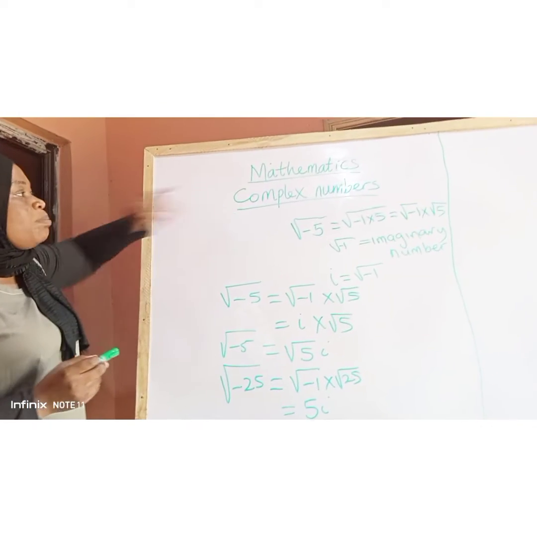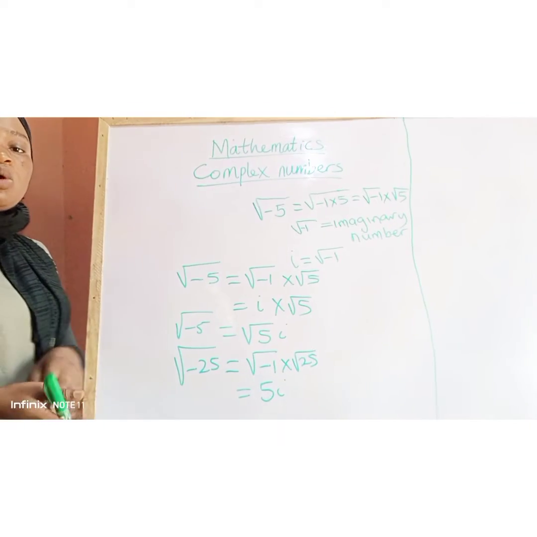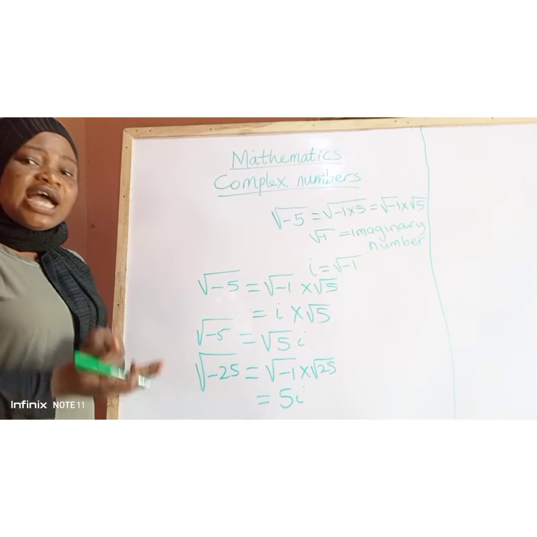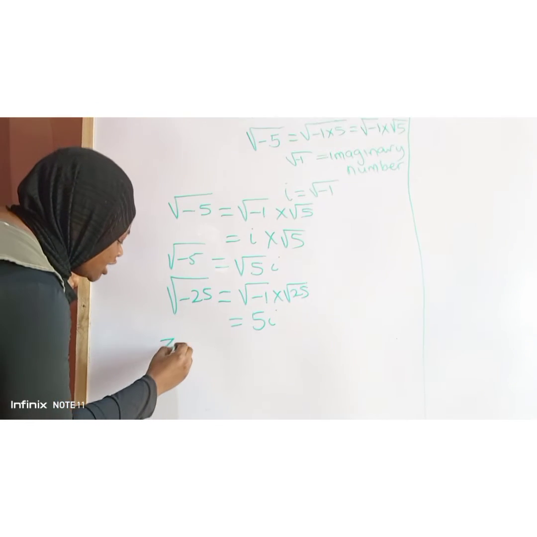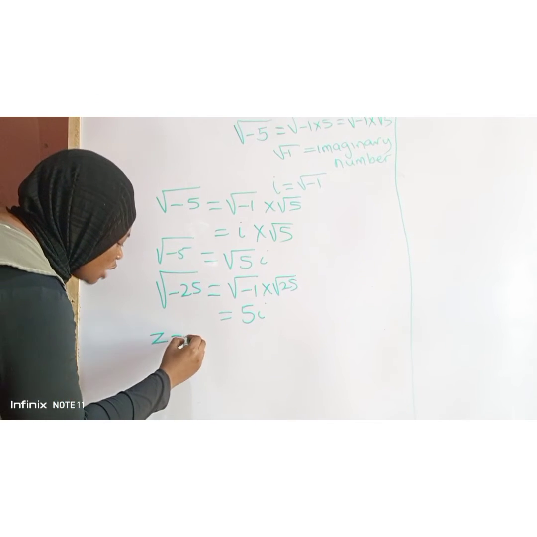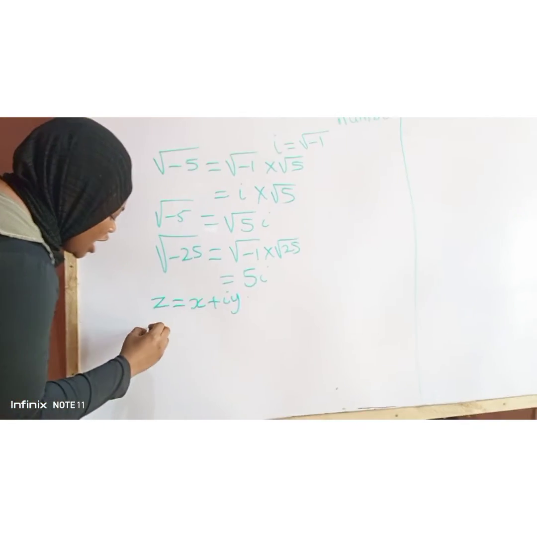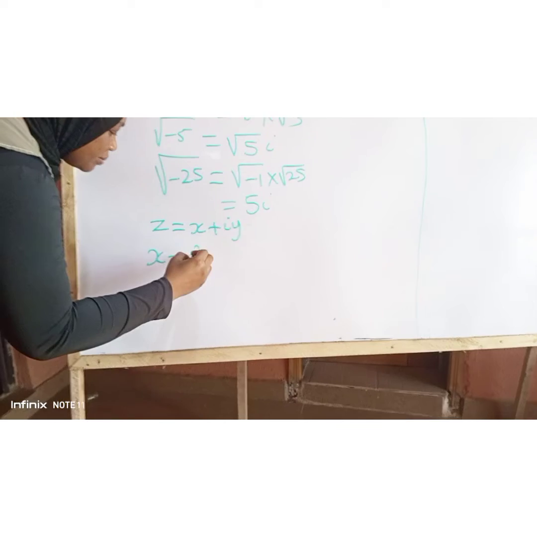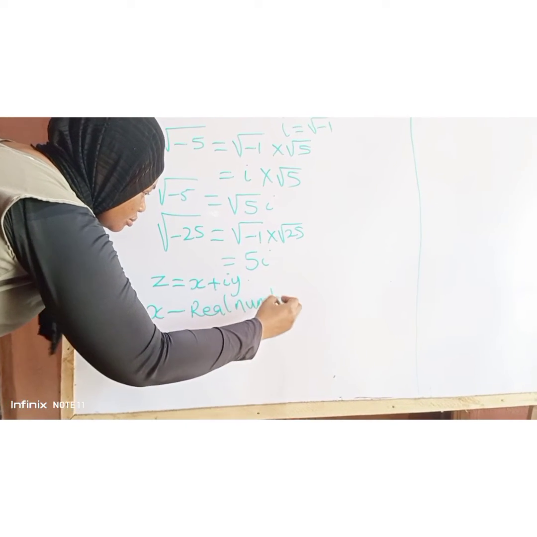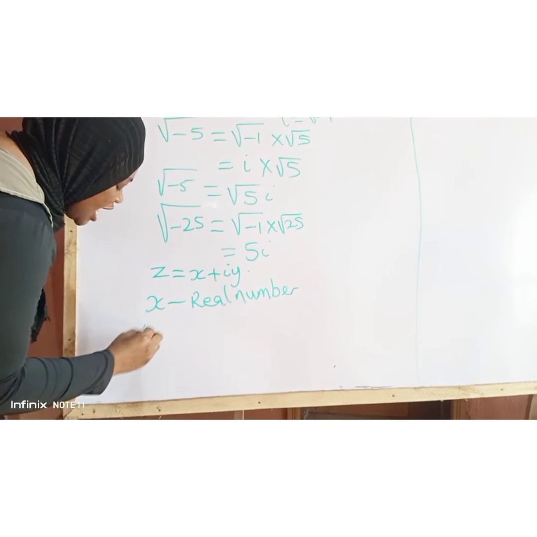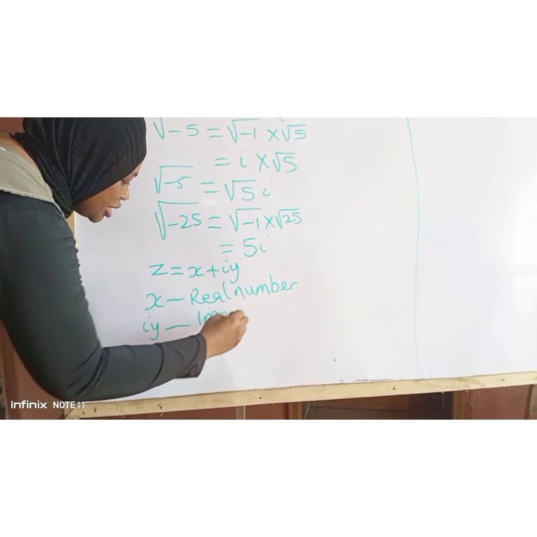Now back to complex numbers. A complex number is the addition of a real number and an imaginary number. So we represent it by small letter z equals x plus iy, where x is the real number, and this i makes this y also called an imaginary number.